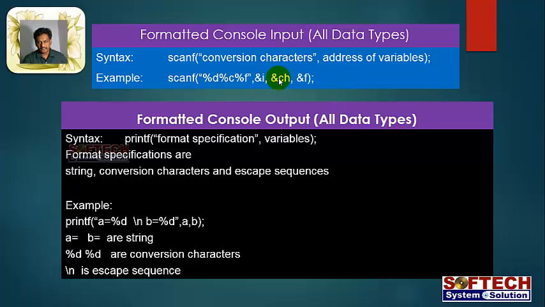In scanf, the variable addresses go to the function, which then gets the value from the keyboard. So it gives the value to that address. If we pass the address only, we can get the value.